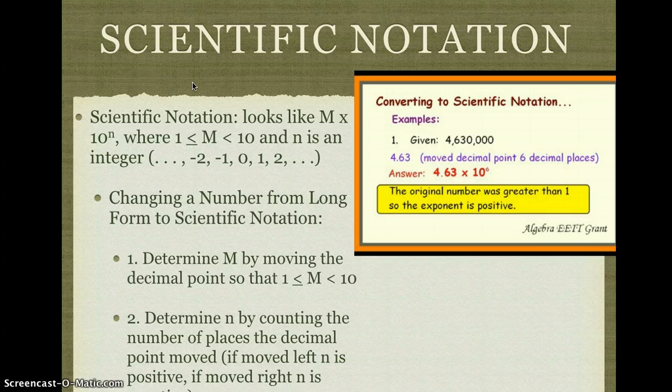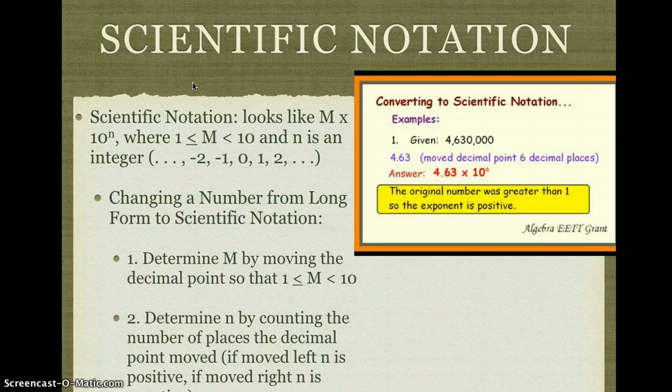Then we determine our exponent by figuring how many places we moved it and which direction. Here we moved it 6 places to the left, so if you remember LP, left means positive, or if you notice that it's a very large number, should have a positive exponent, we see it as being a positive 6. So our answer is 4.63 times 10 to the 6th.